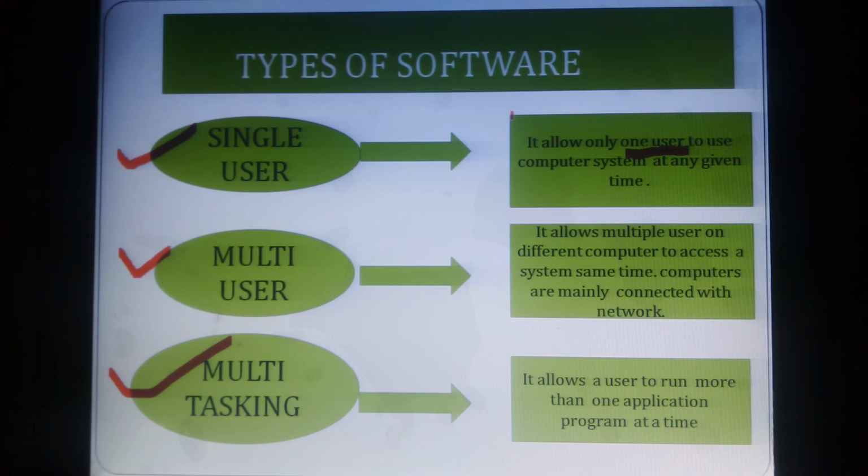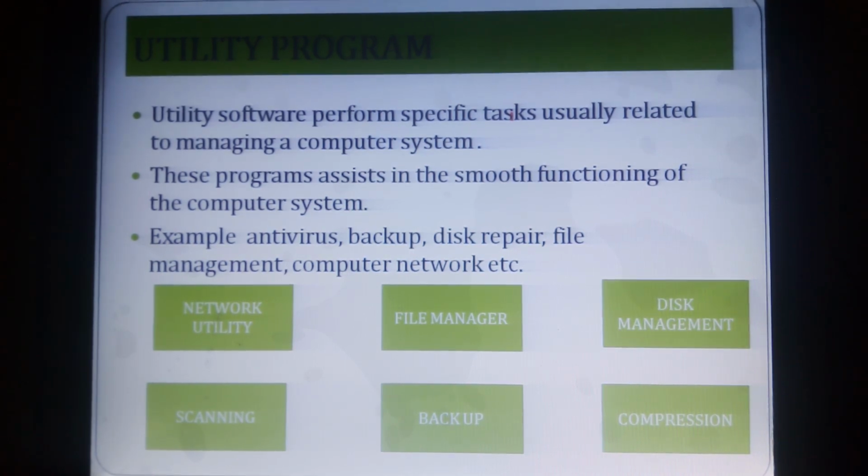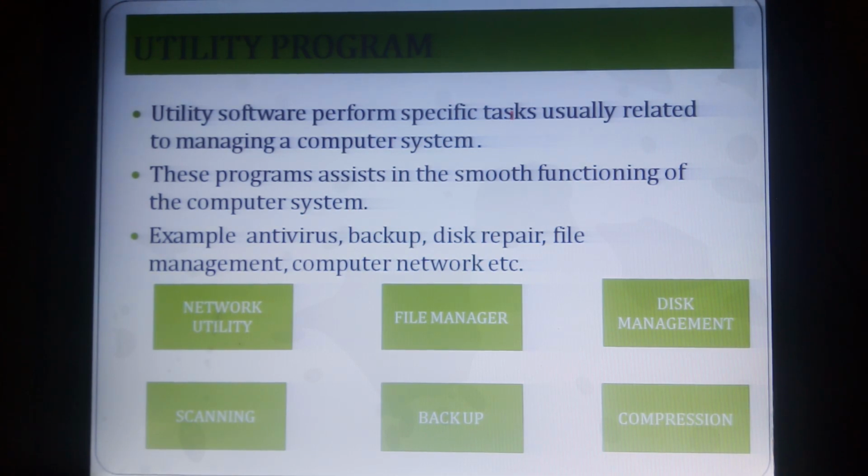Okay. Now children, next point. Now the next one is utility programs. Utility software performs a specific task, usually related to managing a computer system. These programs assist the smooth functioning of a computer system.